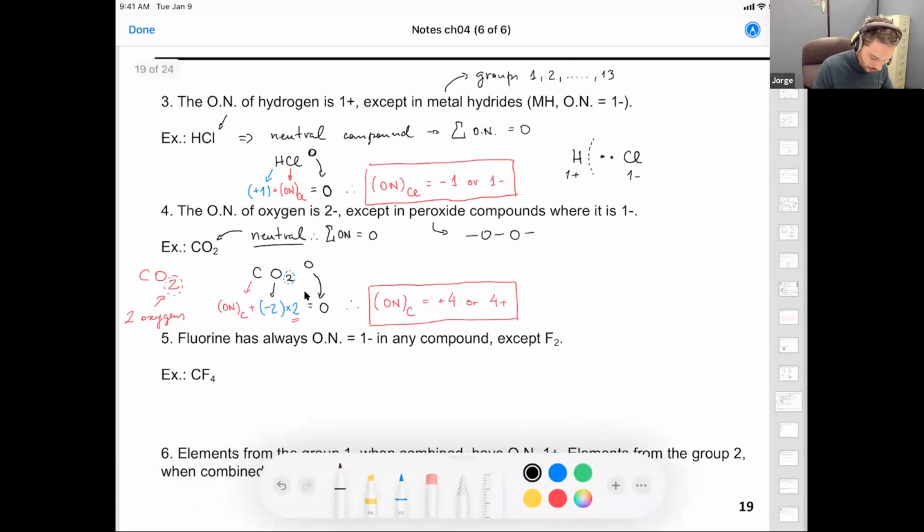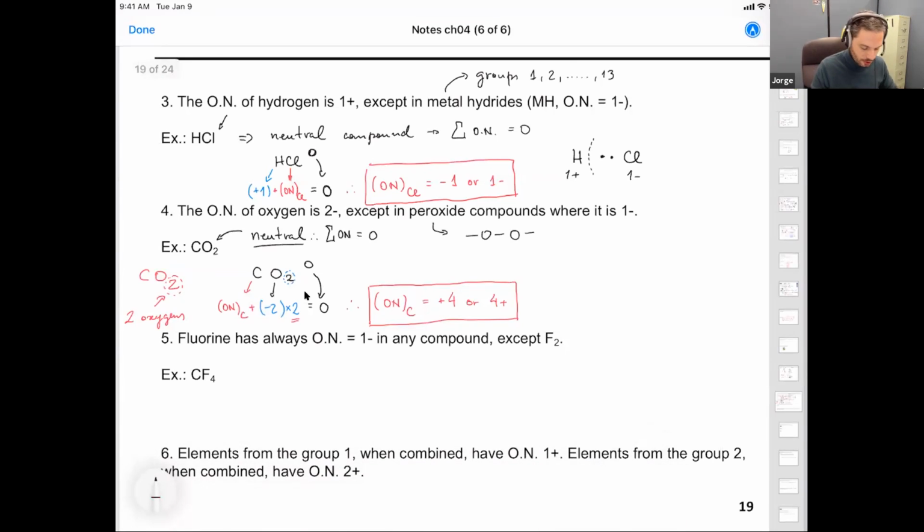So again, if we could take a picture of the electrons in the compound, it doesn't matter how many electrons are being shared between carbon and oxygen, they would be closer to the oxygen than the carbon. So that's the meaning of a negative and positive oxidation number.